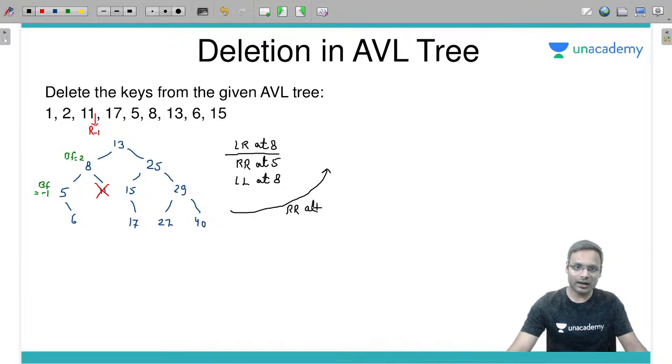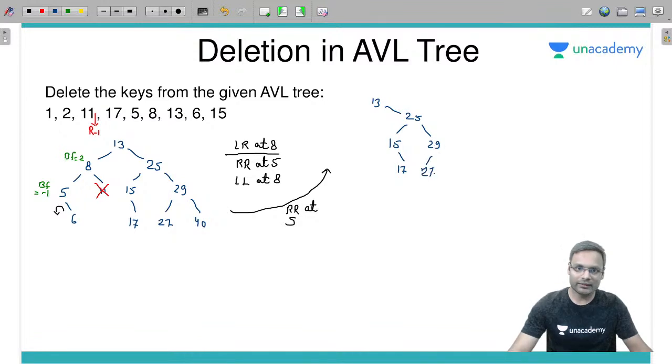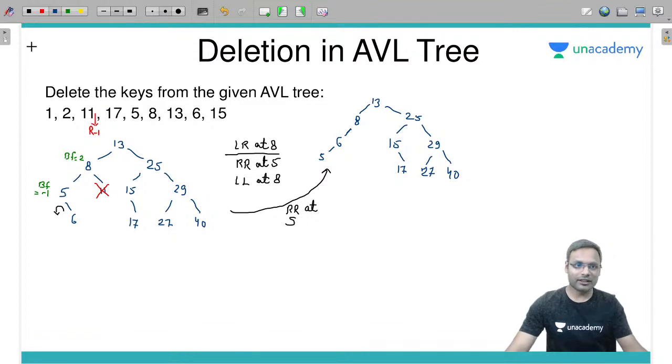The tree will be like this: 13, 25, 15, 17, 29, 27, 40. And on the left side 8, 6 will go up and 5 will be down. After this, on this tree, you're going to apply LL at 8. LL at 8 means this way.